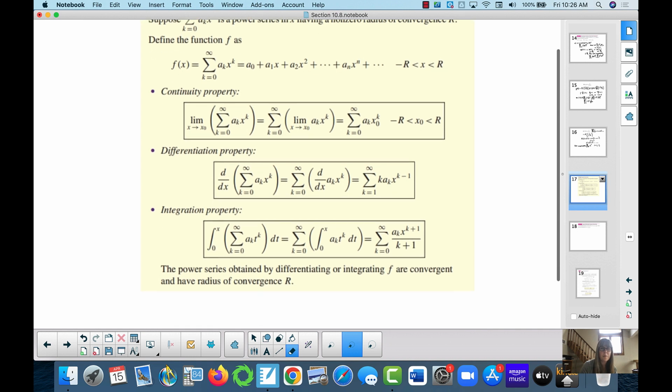That's what the continuity property is saying, as long as x sub 0 is in the interval of convergence.